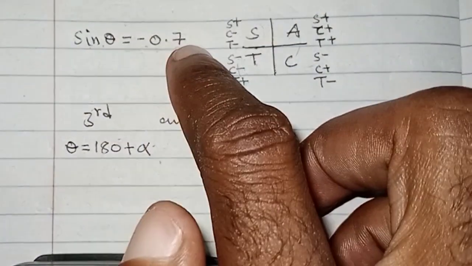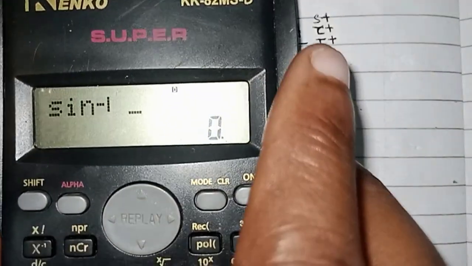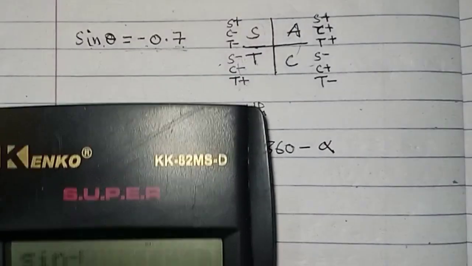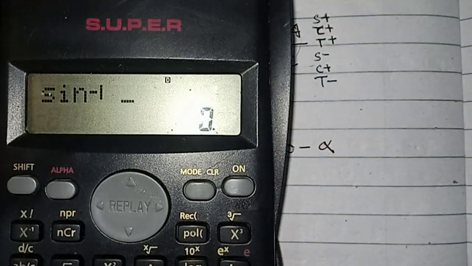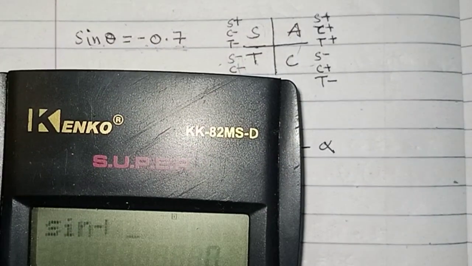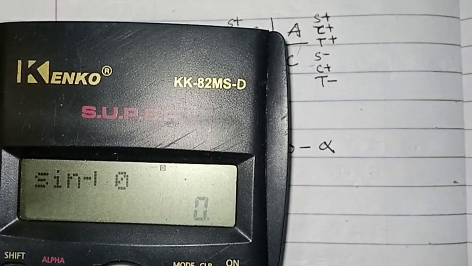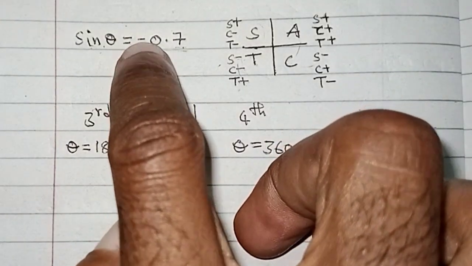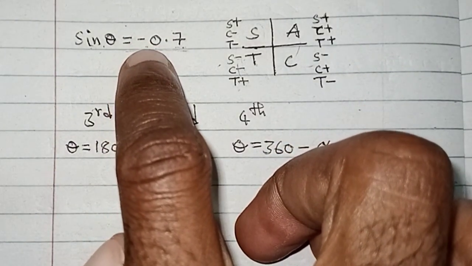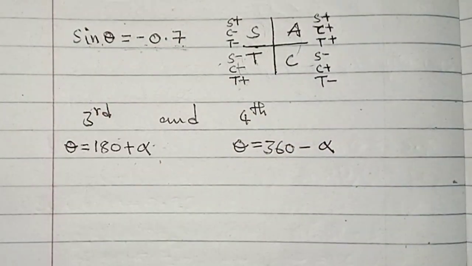We have 0.7. When we are writing this number on the calculator, you don't put the negative sign in front. You just write 0.7. The negative in front just helps us to find which quadrants we're going to be dealing with.